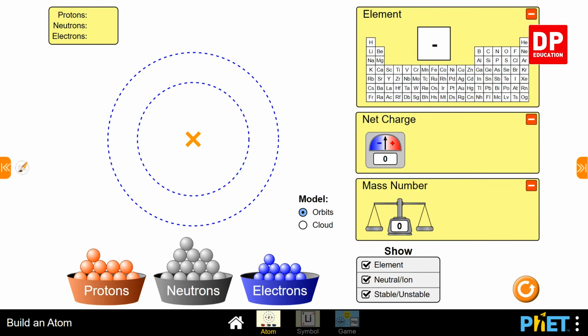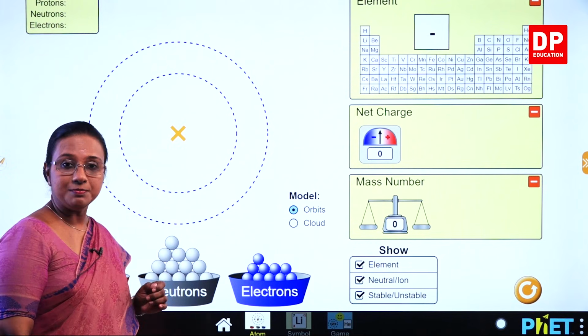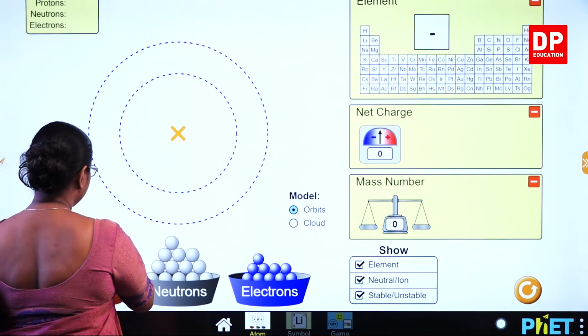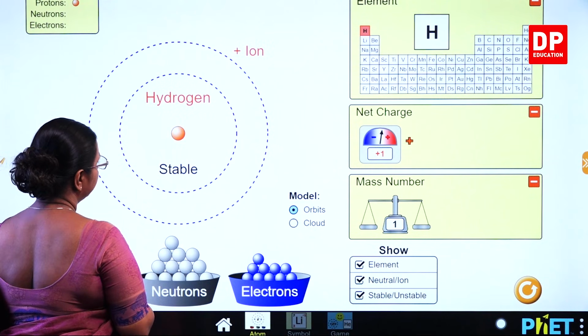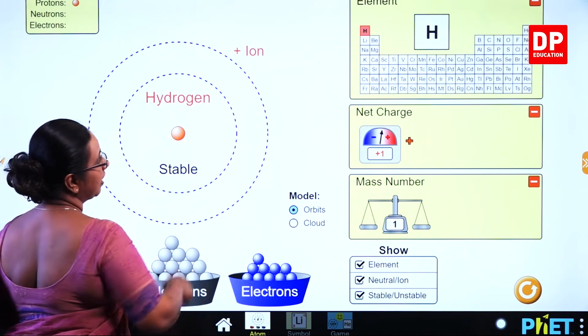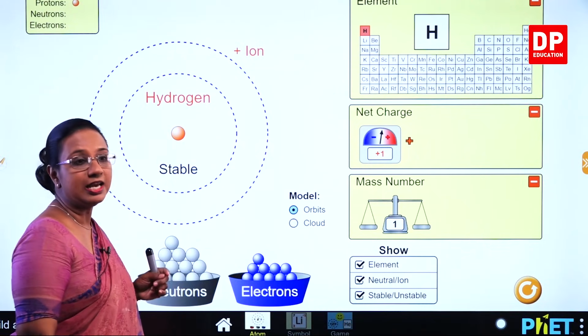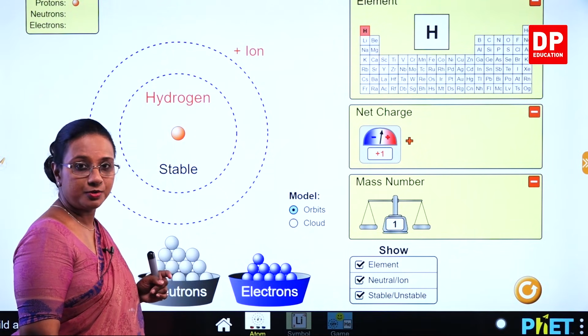Now we will see how we can build up different atoms of different elements. We'll take the simplest element, hydrogen. Hydrogen has only one proton. You can see the name comes up. Now it has a positive charge because there is only a positively charged proton.